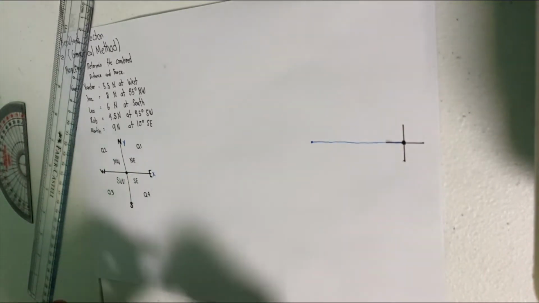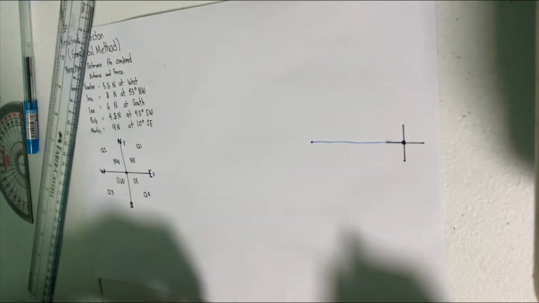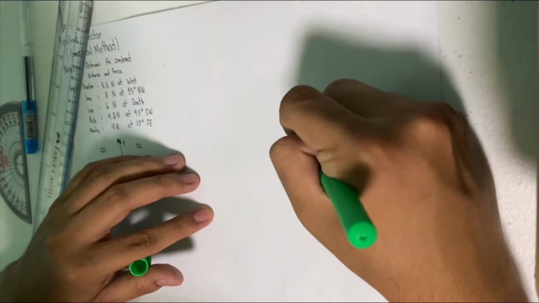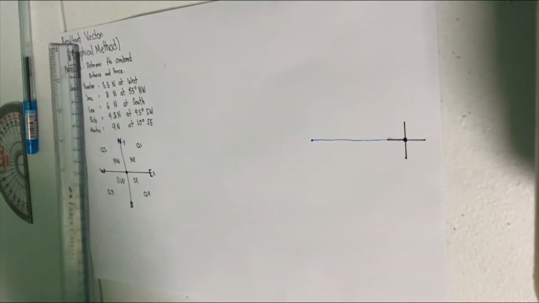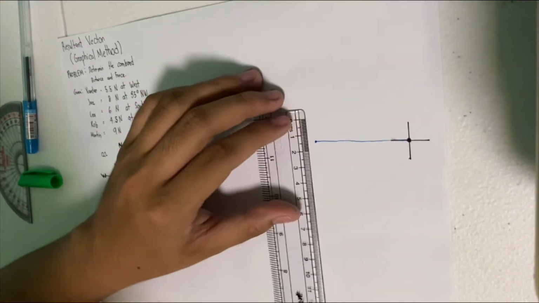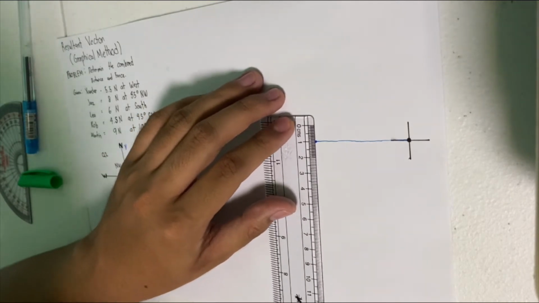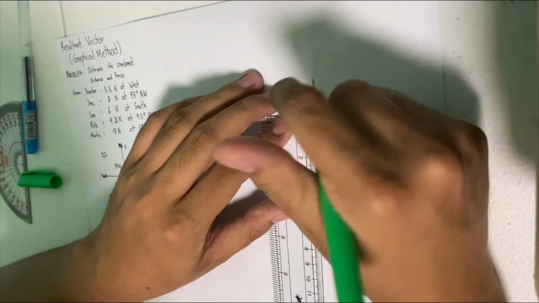So we need to draw again an x and y axis, because it is needed for us to have another reference for the next vector.